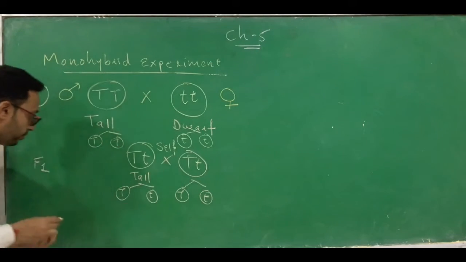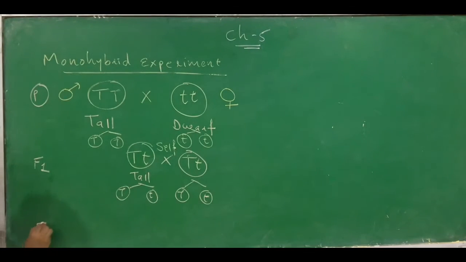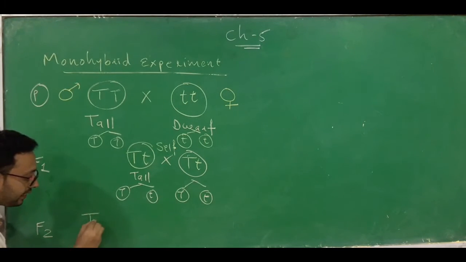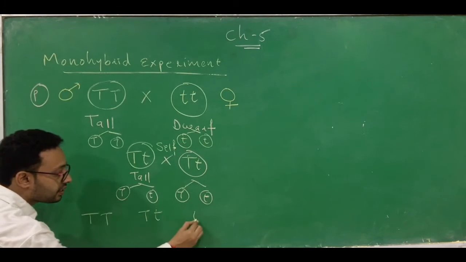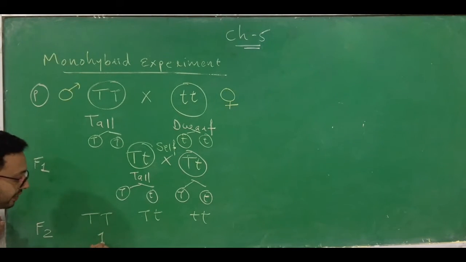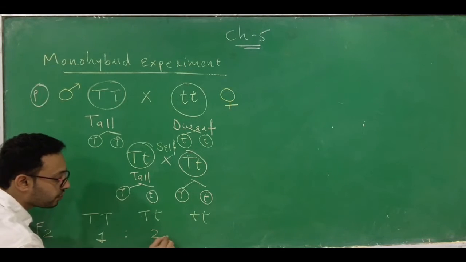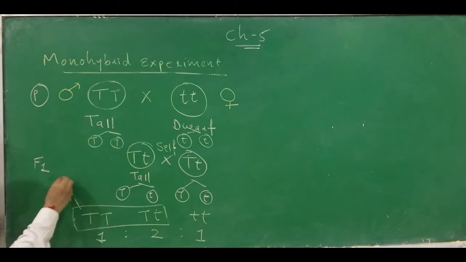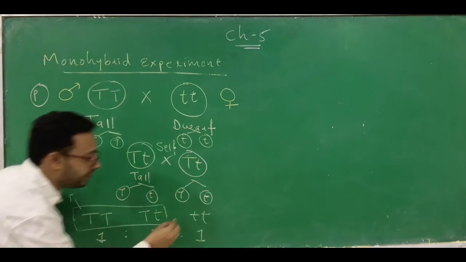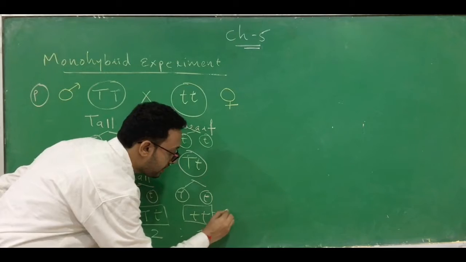In the F2 generation, filial generation 2, he obtained 4 results: capital T capital T, capital T small t, capital T small t, and small t small t, in the ratio of 1:2:1. These plants with capital T were tall, and this plant, small t small t, is a dwarf.